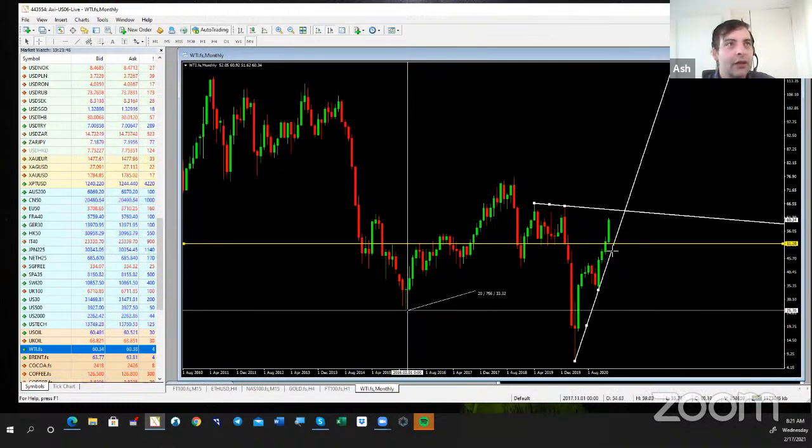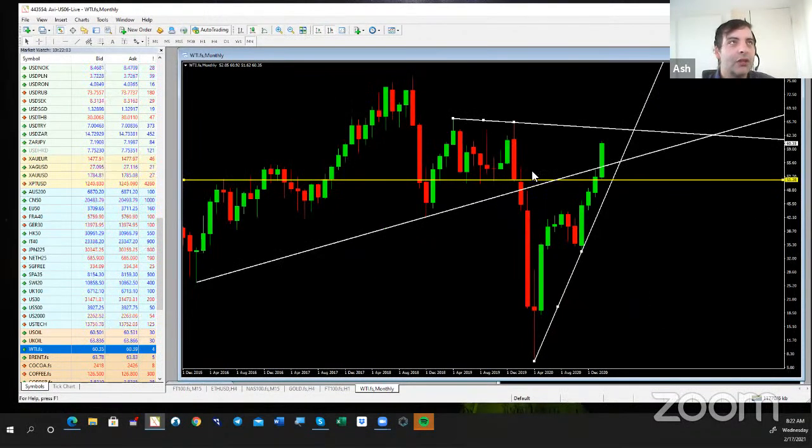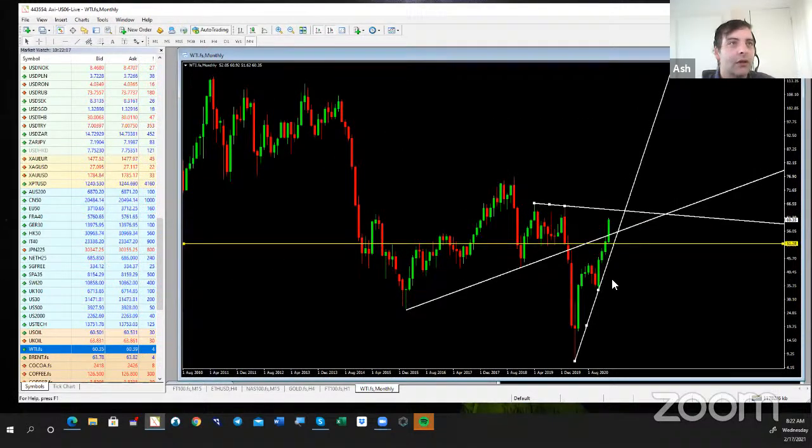It looks like there could be a little area here as well. Yeah, actually, this area looks good. You look at this, there's a touch there, a pretty clean touch. Now we're on the monthly chart here, which could make this even more significant. So I'm going to have to zoom out. This one, touch here, but that's the significant one there.